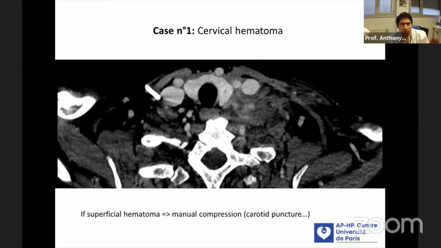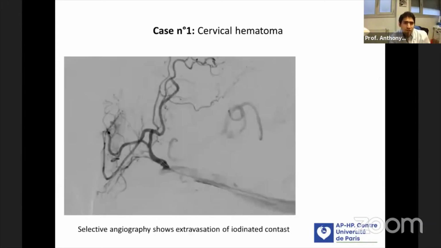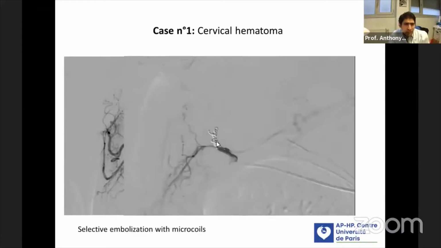So what you have to do in this case is to bring the patient back to the angiosuite and perform a selective embolization. What we did there, and you can see the extravasation here in the thyroid region, is a selective angiography performed through a radial access, and the branch was selectively embolized with coils.